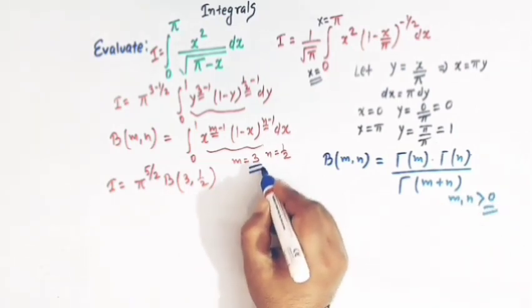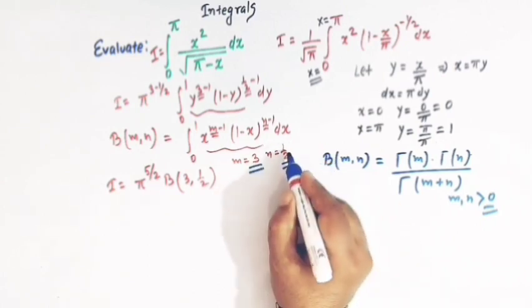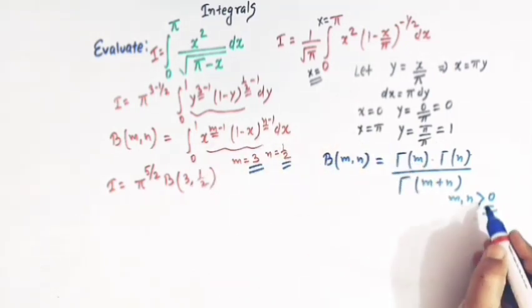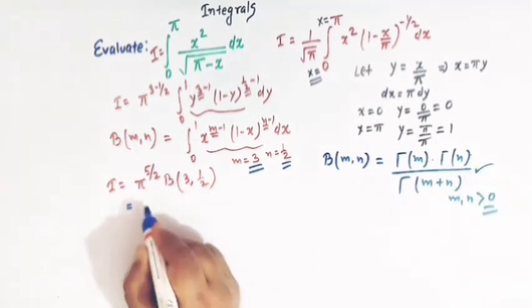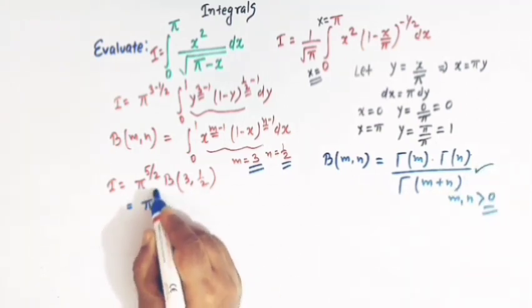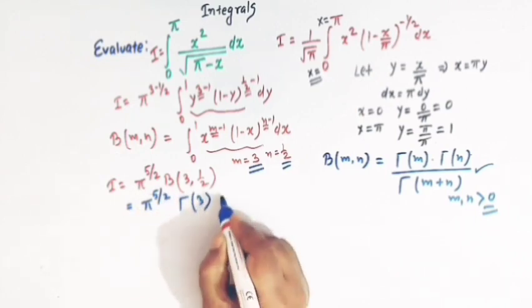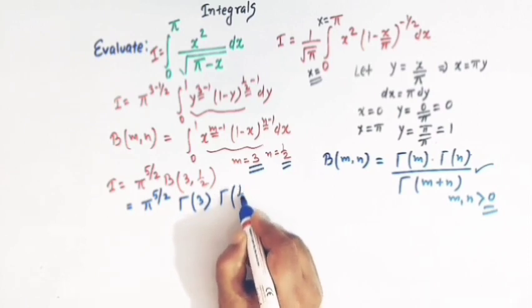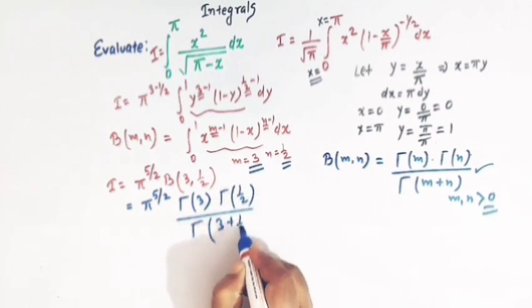Here we have m equal to 3, n equal to 1/2, and 3 and 1/2 are both greater than 0, right? So due to this relation, we have π raised to 5/2, and here we have gamma of 3, then gamma of 1/2, then gamma of 3 + 1/2, right?